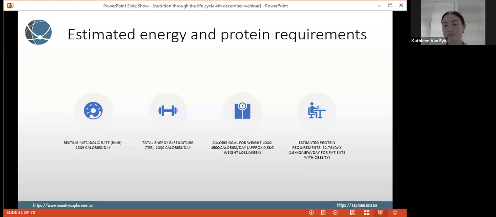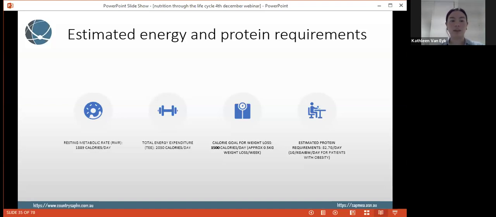And then for protein, if we remember from before, because John's BMI is in that obese category, we'd use that equation of 1 gram per kilo of adjusted ideal body weight per day. So basically with that adjusted ideal body weight, I don't want to get too technical, but if we say his BMI at 25 and then we adjust it, it accounts for the fact that not all weight is going to be metabolically active.